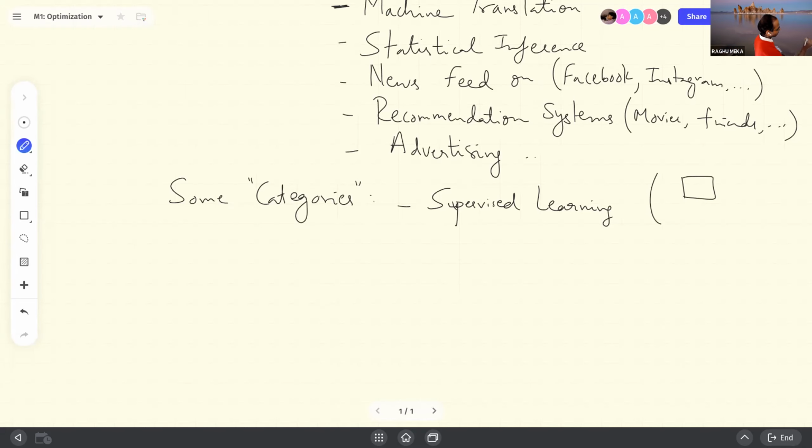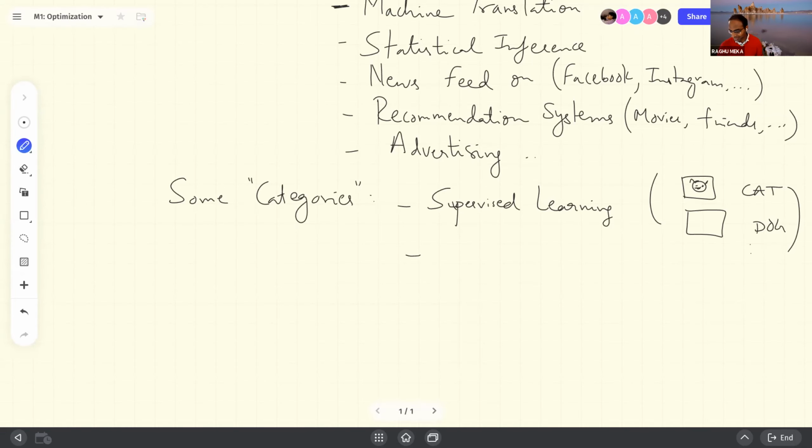So this is cat, right? And okay, I'm not going to draw a dog. I'm not that skilled, right? And so I give these images, and after some time, I show you a new image, and you have to tell me what that image is. So that's supervised learning, meaning there is some supervision that happens at the beginning for you to design your labeling algorithm, and then after that, it's completely up to you.